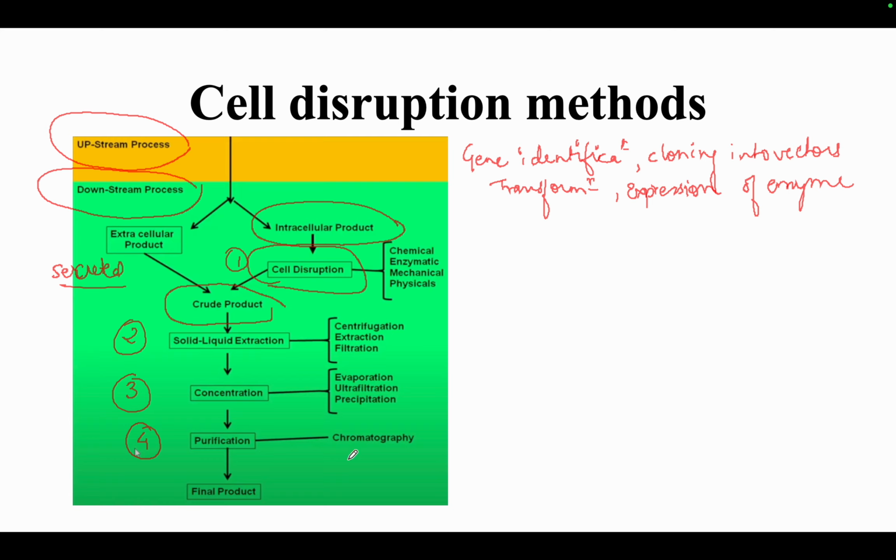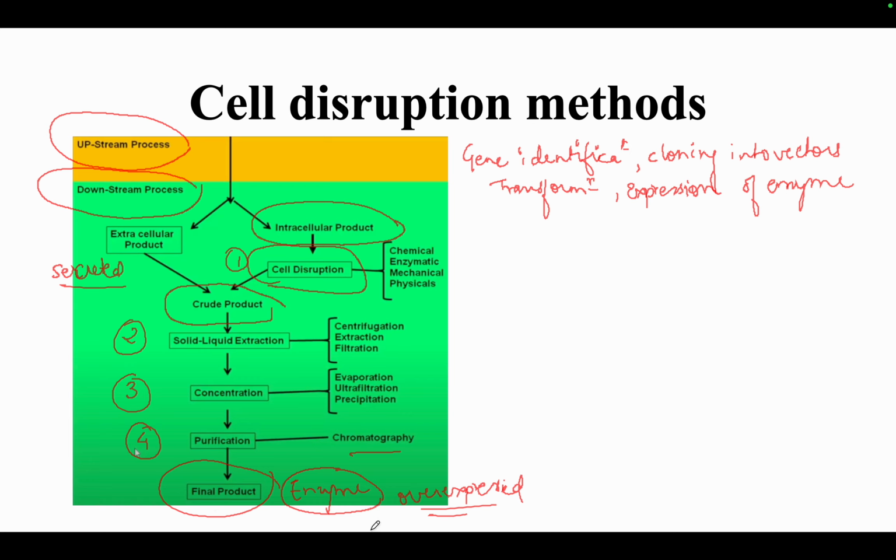We can use different chromatographic techniques. We'll study all the chromatographic techniques also in this class. And finally we'll get our enzyme, the desired enzyme which we are interested in, an overexpressed product.